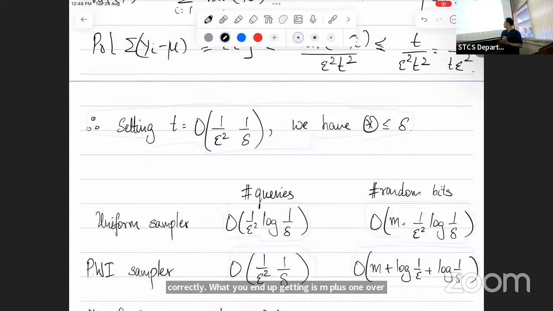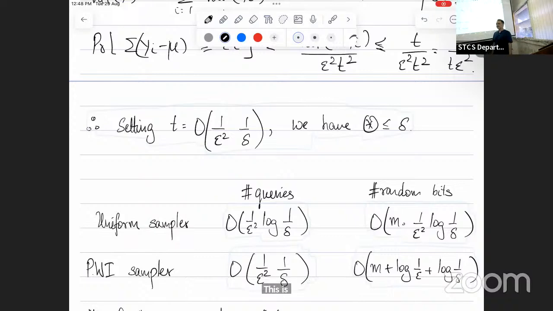I'm putting it in order, I don't care about the constants. Basically, I need this many samples, so my k has to be set such that k is at least this much. And the size of the pairwise independent hash family was something like twice m plus this. So that's why you get m plus log 1 over epsilon plus log 1 over delta.